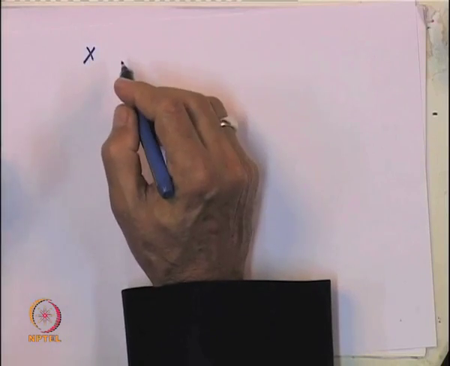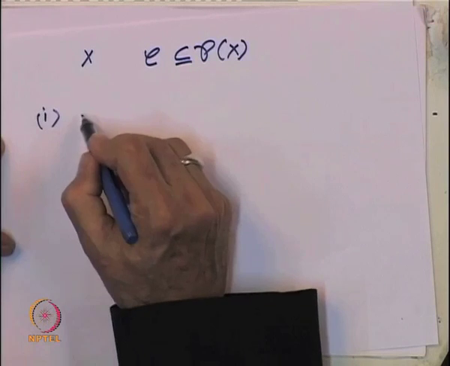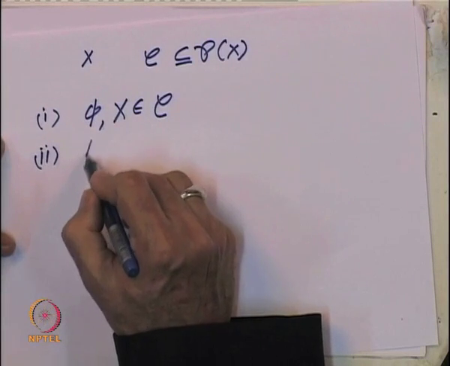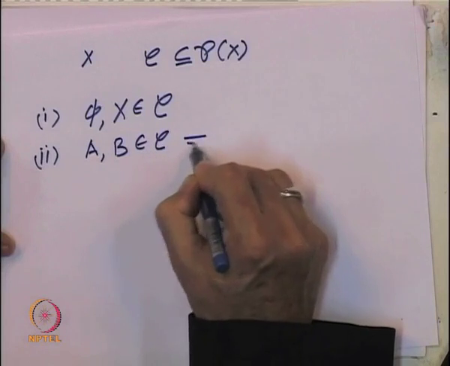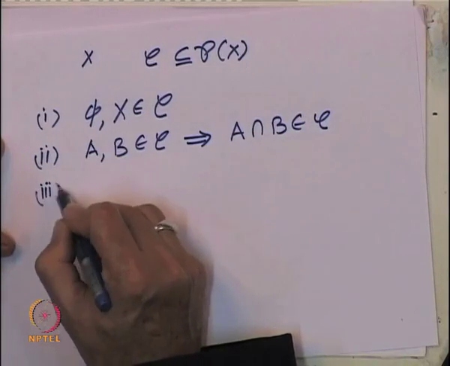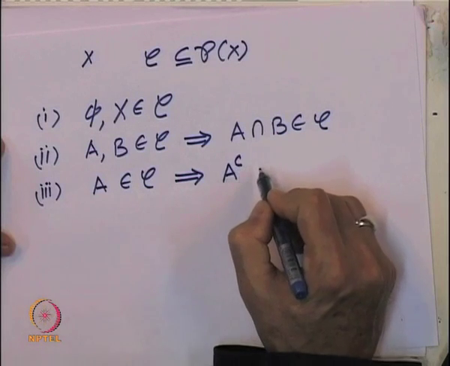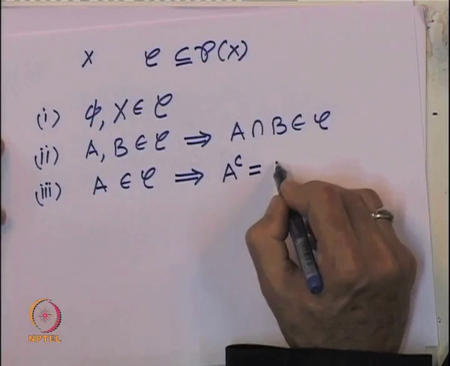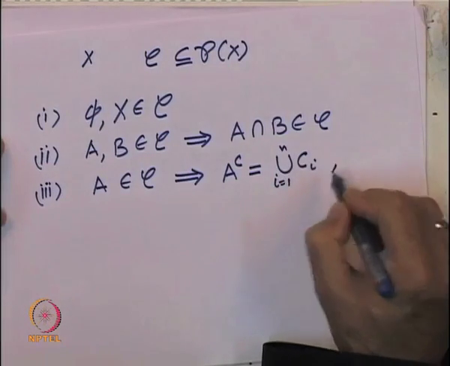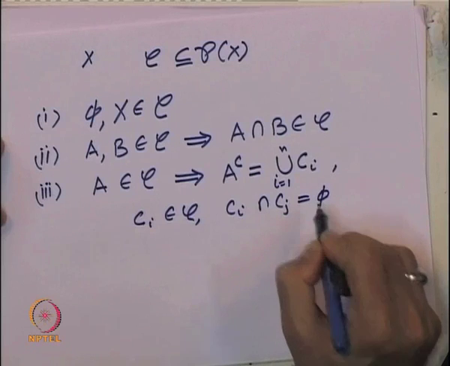X is a non-empty set, C is a collection of subsets of X. The first property: the empty set and the whole space belong to C. The second: if A and B belong to C, then A intersection B belongs to C. And the third property, which is very crucial: if A belongs to C, then the set A complement need not be in C, but we want to be able to write it as a union of C i's, a finite number of them, i equal to 1 to n, such that the C i's are elements of C and they are pairwise disjoint, C i intersection C j is empty.